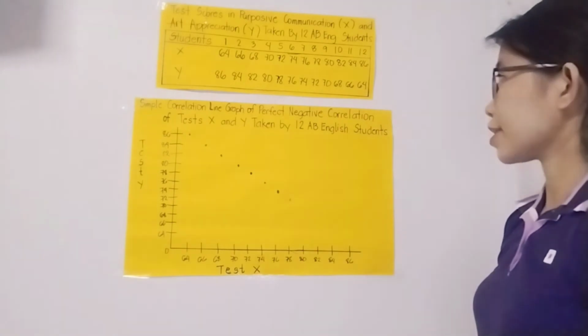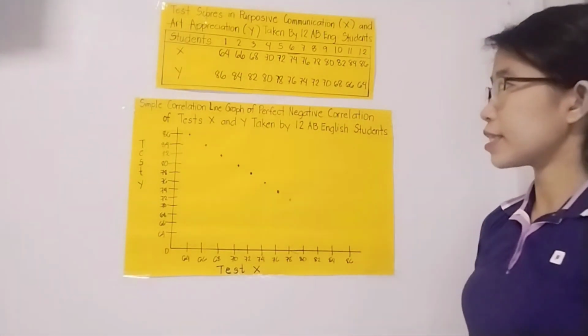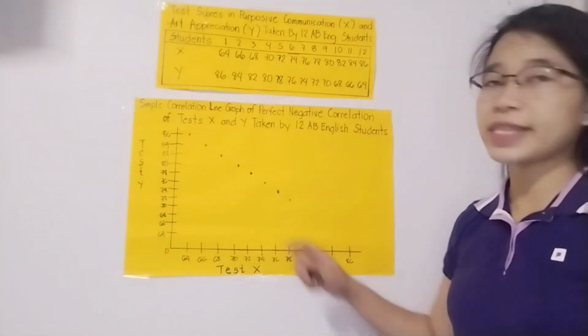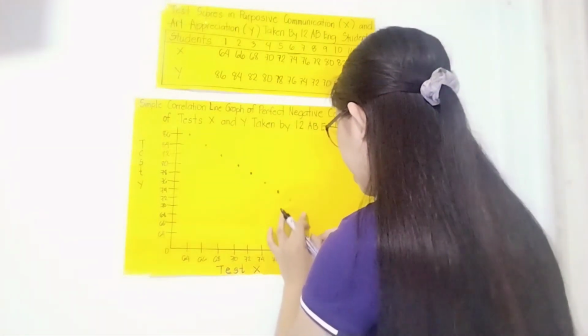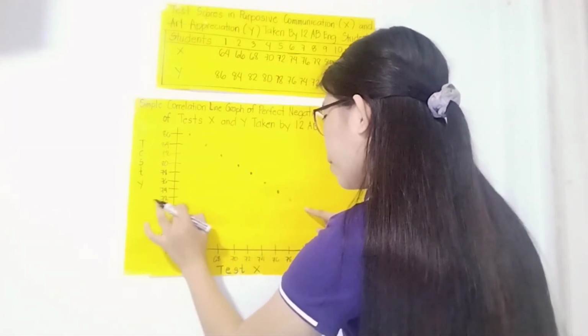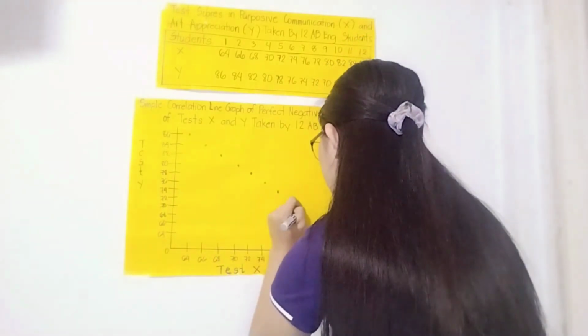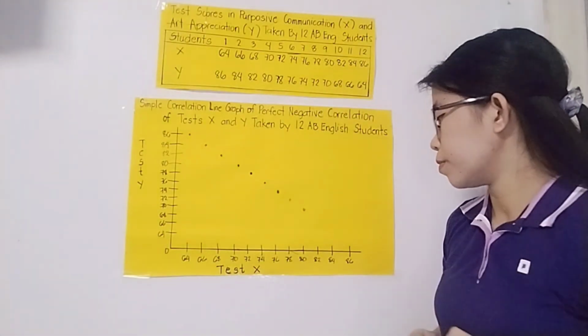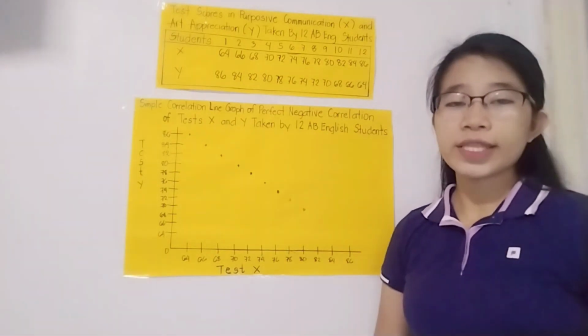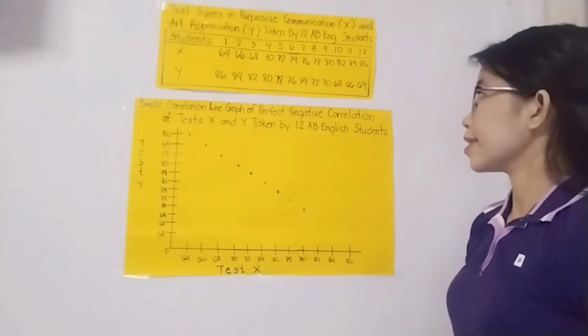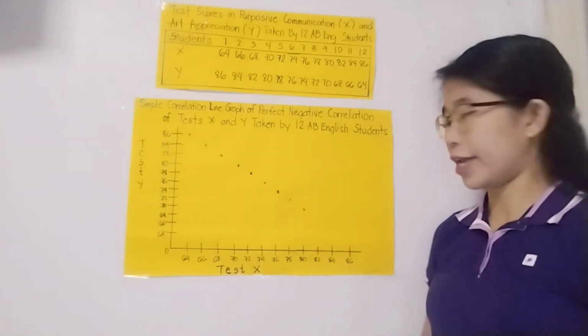Student 9 got the score of 80 in test x and 70 in test y. Student 10 got the score of 82 in test x and 68 in test y.